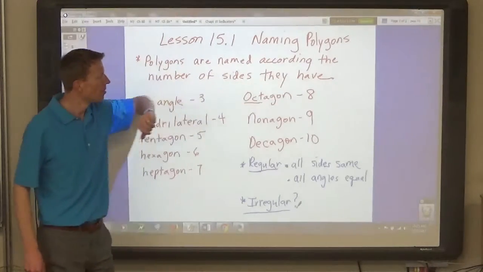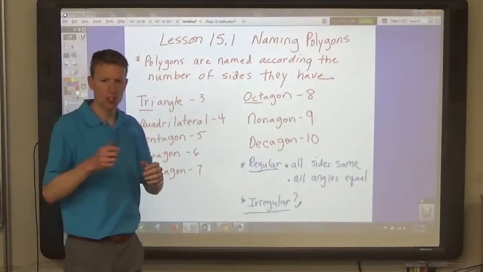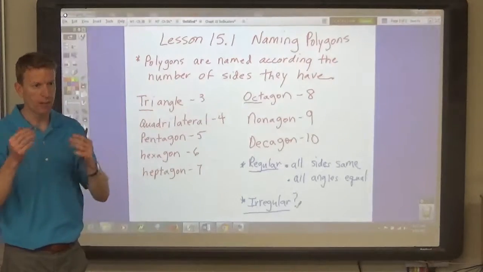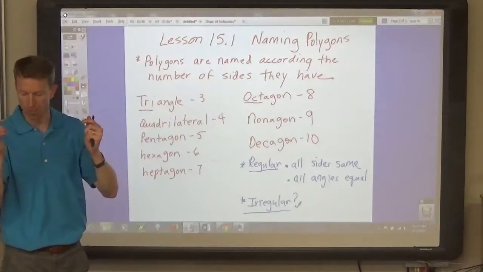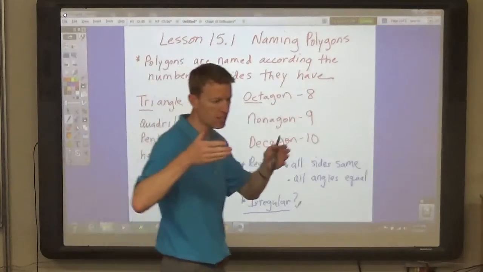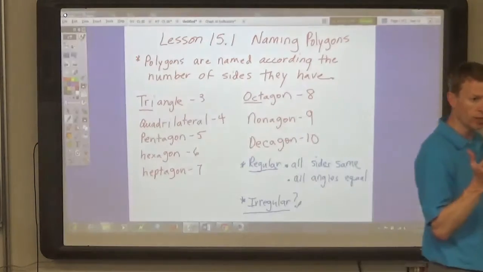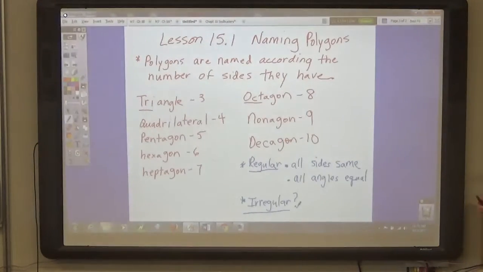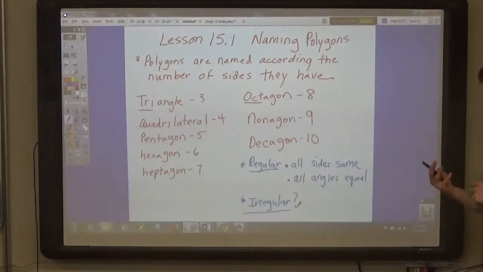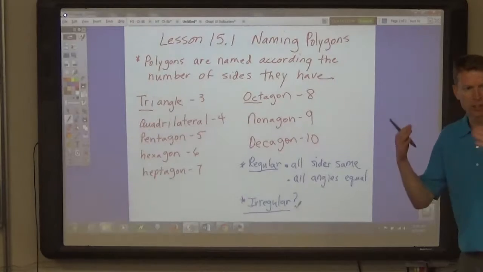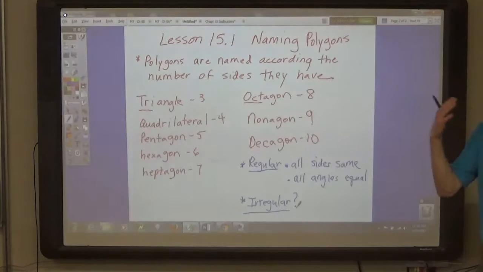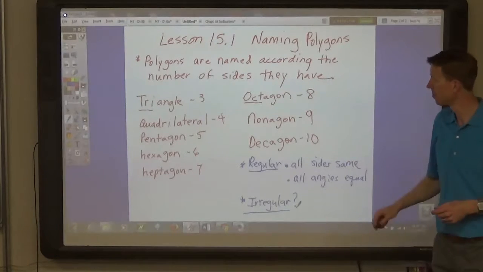Polygons are shapes that are closed, meaning all of the sides connect to each other at a point of intersection called a vertex. So we talked about vertexes last chapter, where two lines meet. And these are a bunch of line segments that all meet to form a polygon.